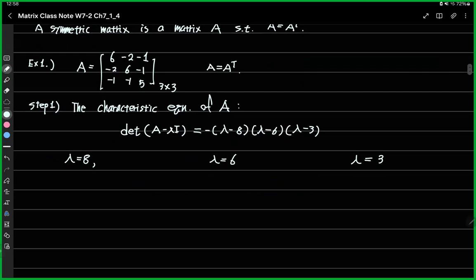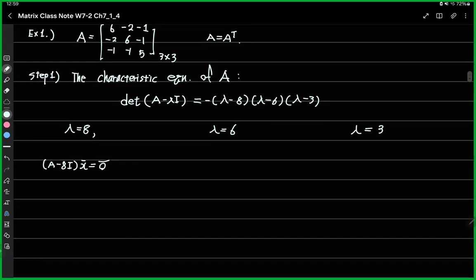For lambda, we substitute 8 to figure out the corresponding eigenvector. We solve A minus 8I times X equals the zero vector. We solve that homogeneous system, which I believe you can do yourself, so let me skip it.